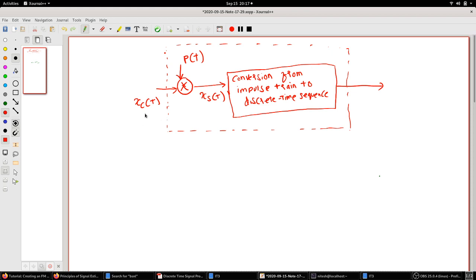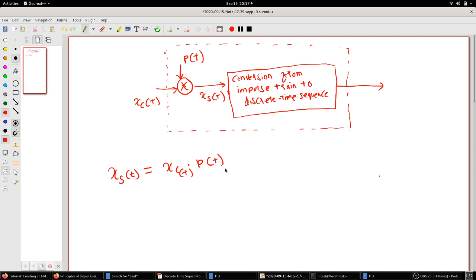When you sample it, which is a multiplication operation, xc of t multiplied by p of t, what you get is a new waveform, which right now is still continuous time, xs of t, which is a multiplication of xc of t with p of t.